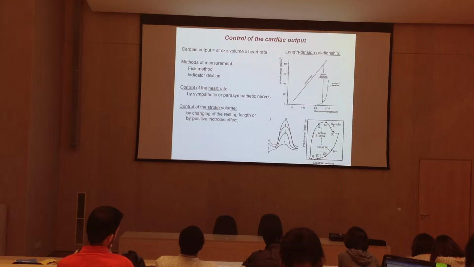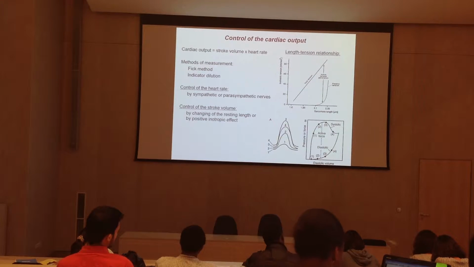Okay, the indicator dilution method is a little bit complicated. We have to inject some indicator into the bloodstream, and measure its appearance after the application, and in a certain way you can calculate it. From our point of view, it is not important.